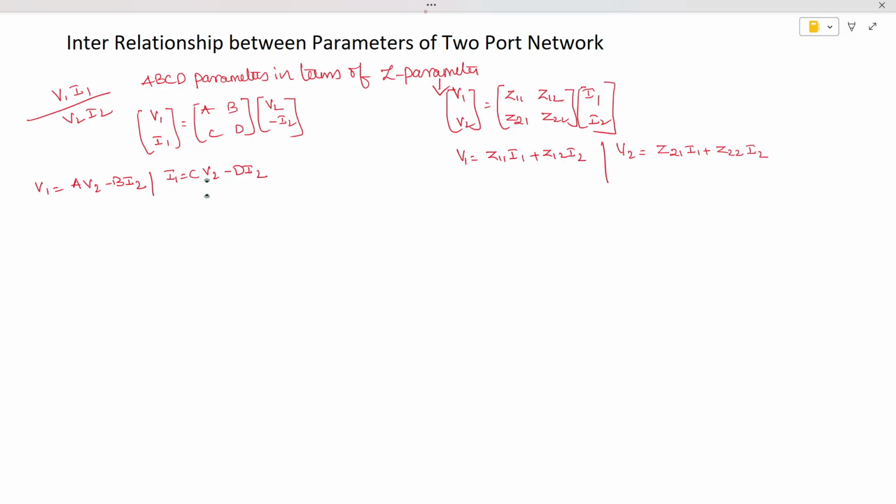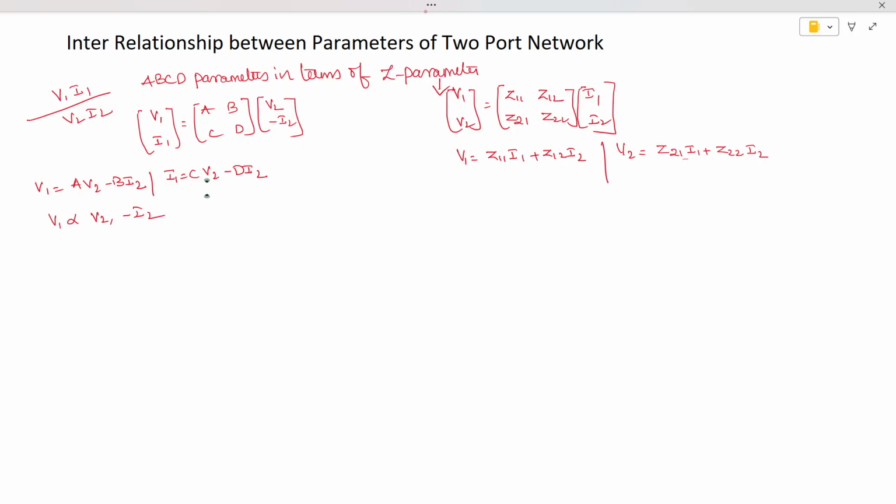Now we want to express V1 in terms of V2 and I2. So we require V2 as well as I2.